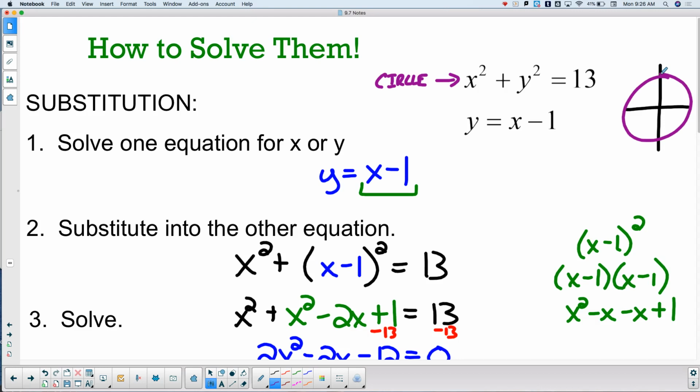So what does that mean? Up and which way? Up and right. So it would look something like that, right? Agree? So you would agree that it intersects the circle twice, right?